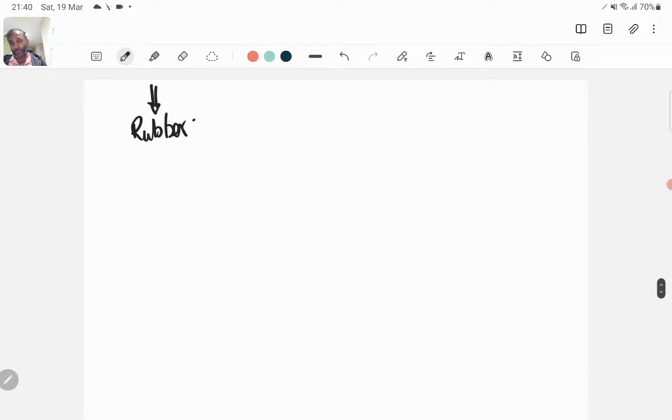Now, when you talk about these elements, here I have material. There are two types of material. One is known as direct material.